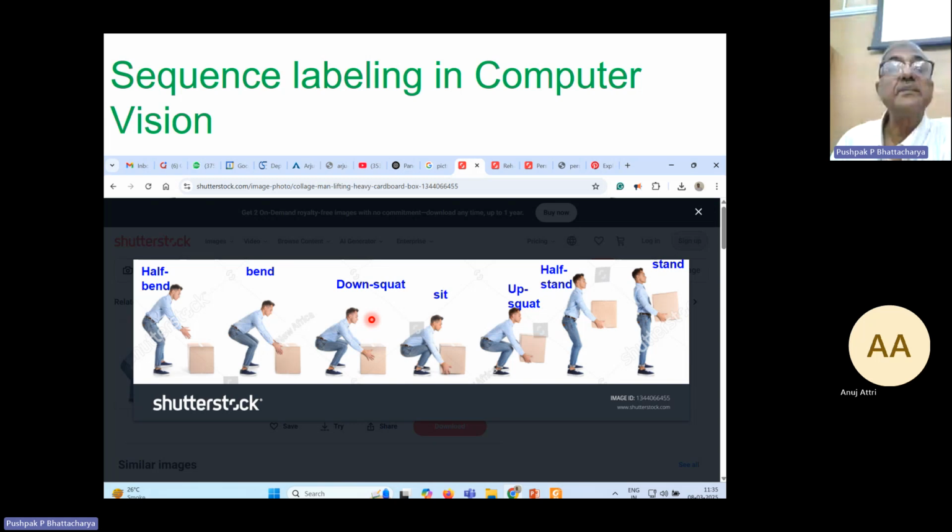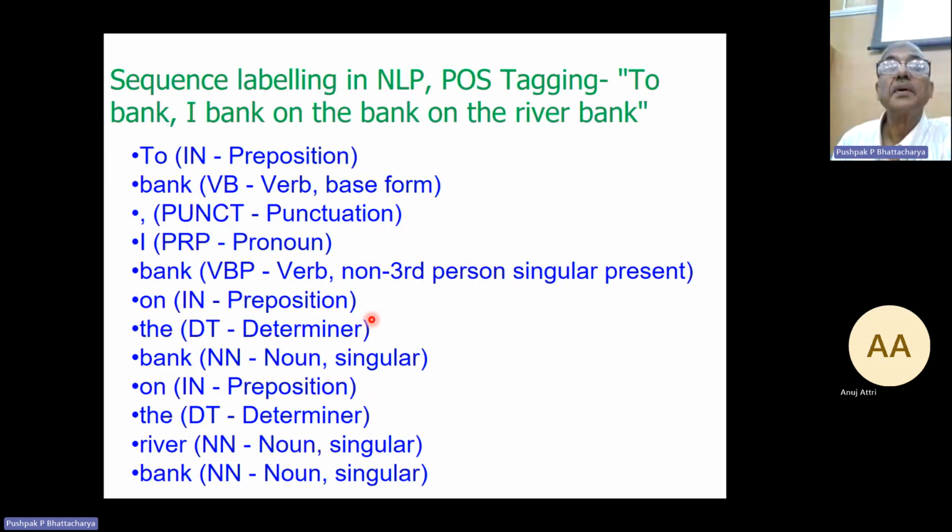So we took an example from language also, where we took this sentence, to bank, I bank on the river bank. So the same word bank appears multiple times, but with different roles and meanings. Here also we have a sequence labeling problem. We have to give part of speech label to each of the words.